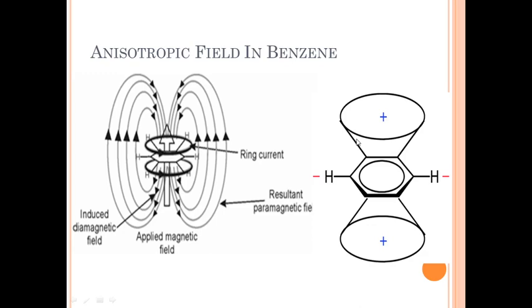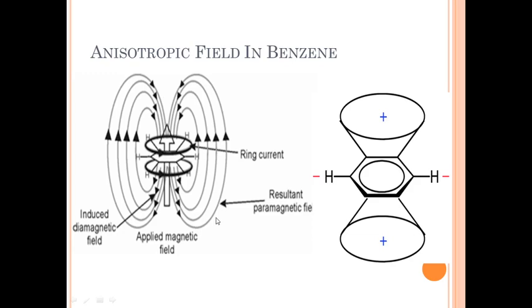When we consider the outer side where the benzene proton lies, applied field is parallel to the induced magnetic field. So this region is the de-shielded region.